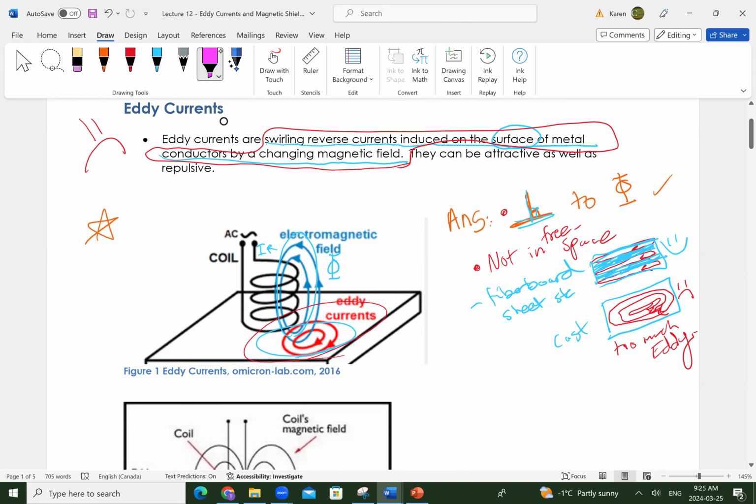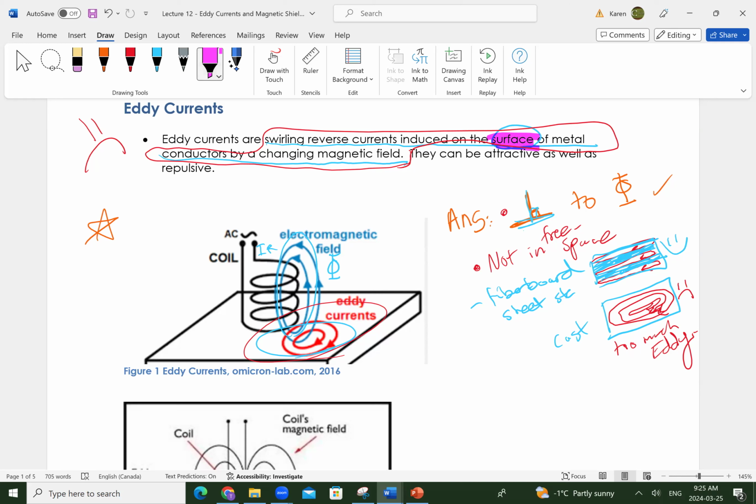I would say that they're on the surface where they are. We already talked about that. They're already called eddy currents. I wouldn't highlight currents. I'm not going to test you and say, are they a current? Because they're called eddy currents. You're going to remember that.